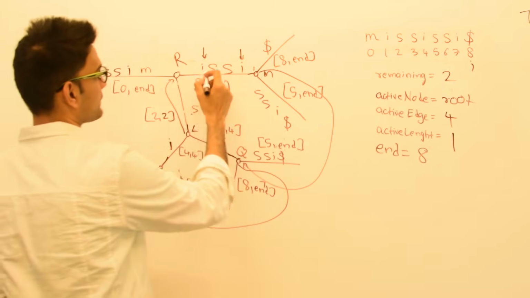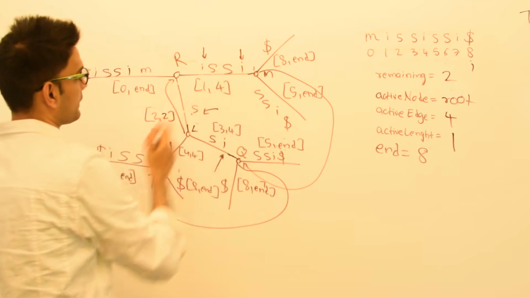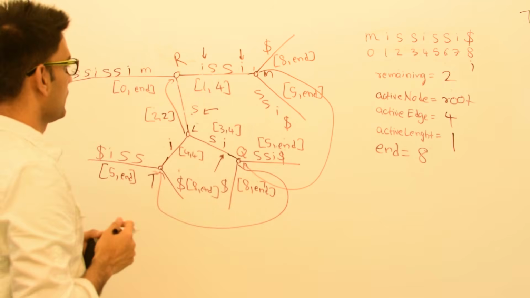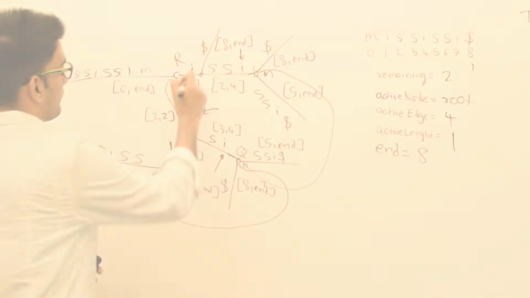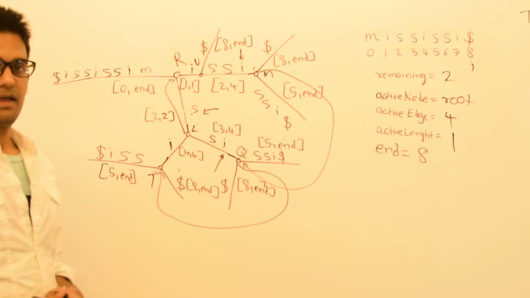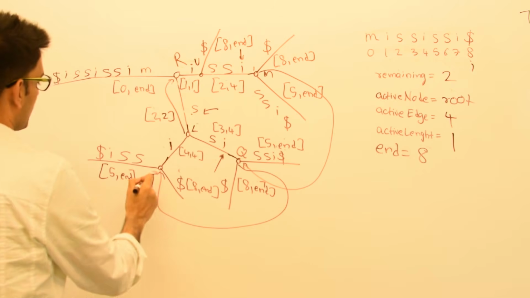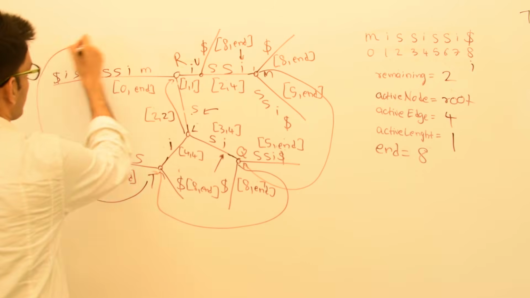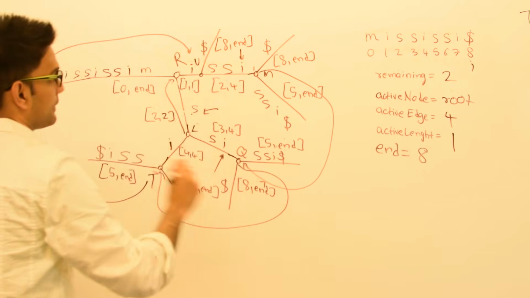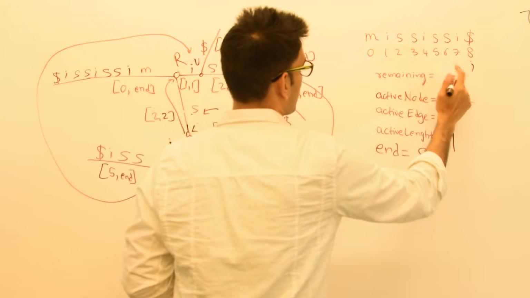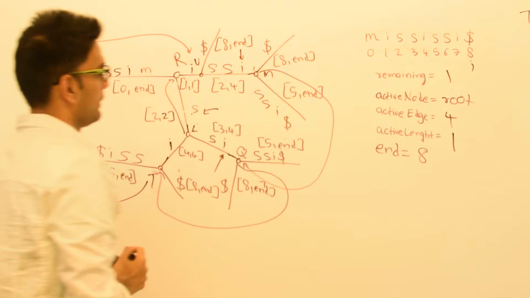And again from here, is the next character $? No. So let me create a new internal node here. I created a new internal node U here. First thing I do is point T's suffix link to U. Then I change my remaining to 1.